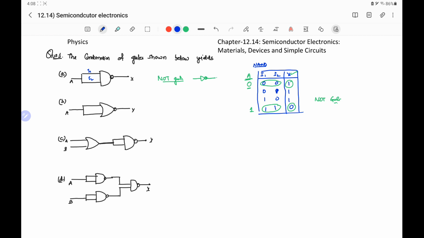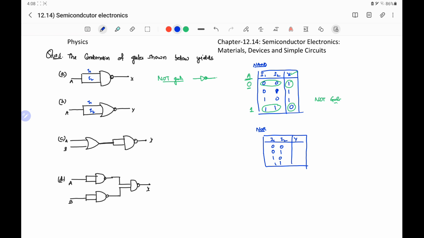Similarly, in the second part, there is a NOR gate whose both input terminals, say I1 and I2, are connected to terminal A. If we draw a truth table for the NOR gate, whose input terminals are I1 and I2 and output terminal is Y, four possible combinations are 0, 0, 0, 1, 1, 0, 1, 1. For OR gate, output is 1 when any of the input is 1, otherwise 0.